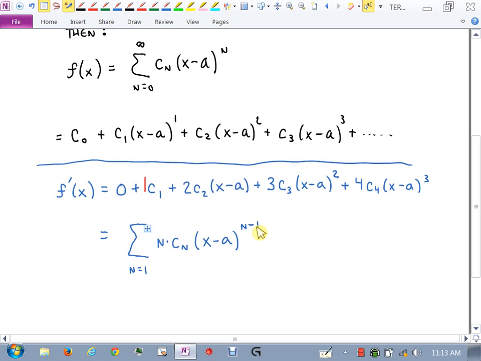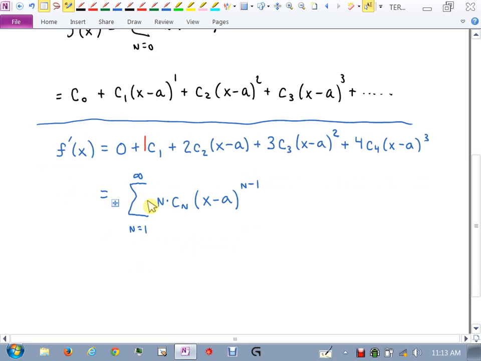We could have another power series next to it. So just trust me on this for now. I'll show you some examples. We just shift the index over by 1. Just remember that. Other than that, it's just power rule. N comes down, subtract n. Also, we don't stop, it goes to infinity. All right, so that's pretty straightforward.